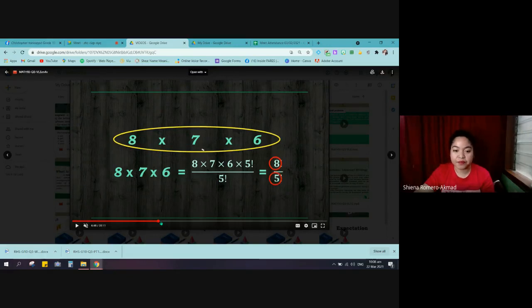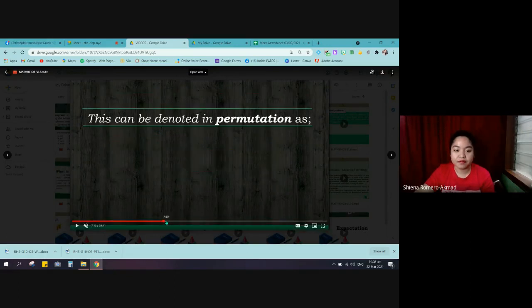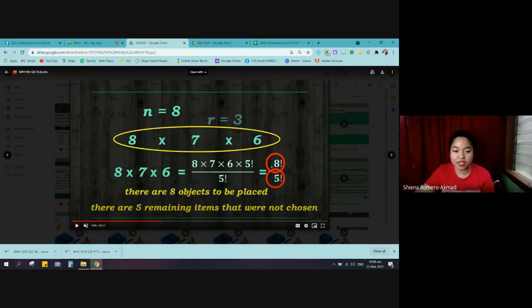So as you can see, 8 is the number of objects to be placed, and yung 5 is the remaining items that were not chosen, na hindi napili, na naiwan, the items that were left. And, kung mapapansin nyo dito, N here is in permutation, ha? Kasi we have permutation taken R at a time.